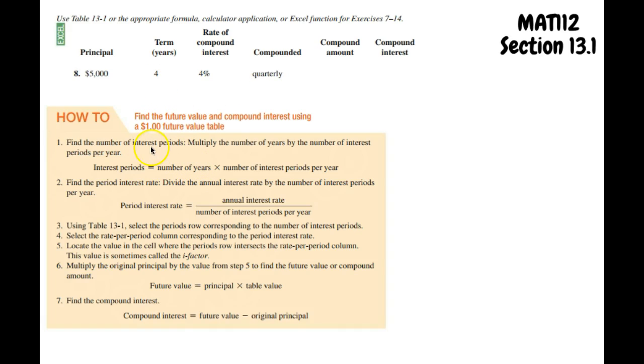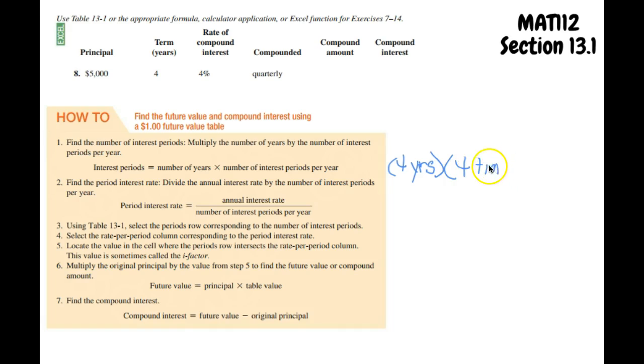So the interest periods are just how many times does the interest accrue. So you just can think of this as, for this problem, 4 years times 4 times compounded.